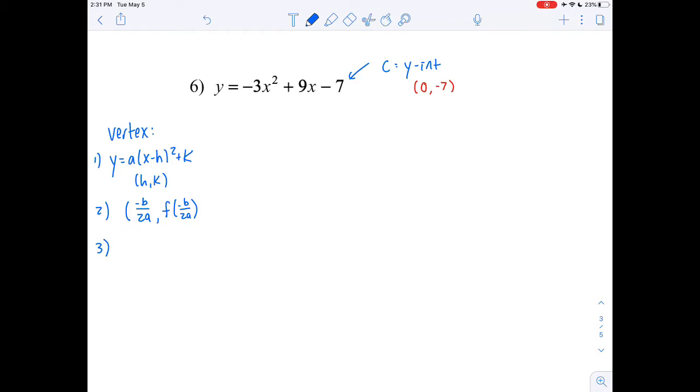That's another way to calculate the vertex. A third way to calculate the vertex is to find, not k, h, which is the input, is the midpoint of your x-intercepts. Okay, so really h you can think of as x1 plus x2 divided by 2, and then once you have that value, you can plug it into your function to get your k value.